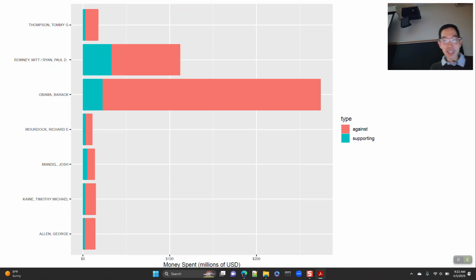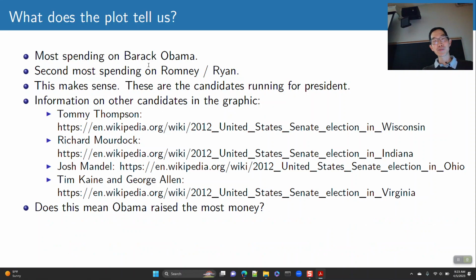There was actually a lot of money spent on Obama, but the vast majority was negative ads against Obama. And for Romney, the majority was also negative, but not as much. So this tells a very different story from over here.